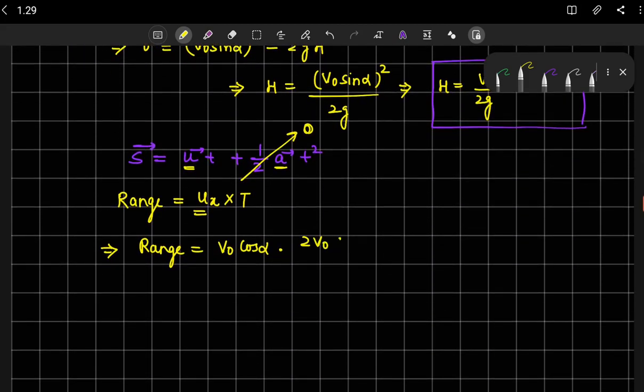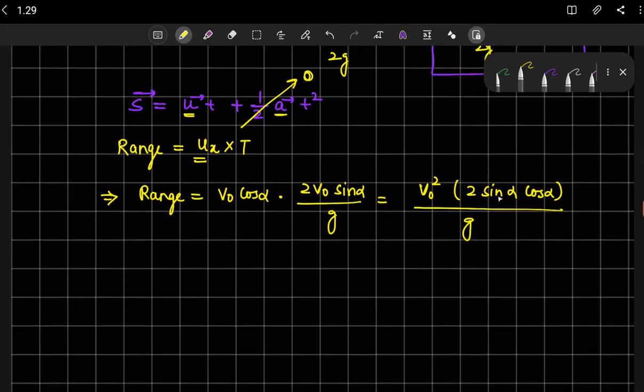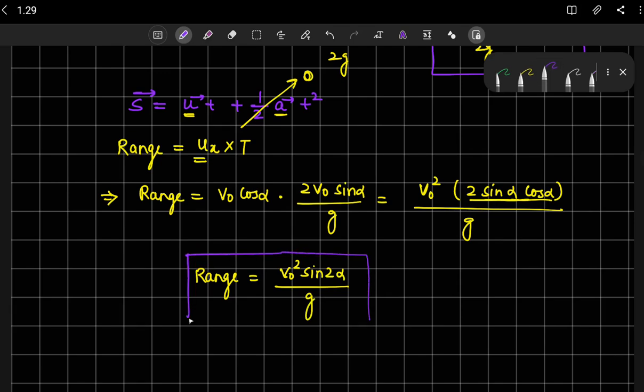From here we will get v naught square into 2 sine alpha cos alpha by g, and 2 sine alpha cos alpha we know is sine 2 alpha. So finally the range we can write as v naught square sine 2 alpha by g. Okay, so this is the value of range.